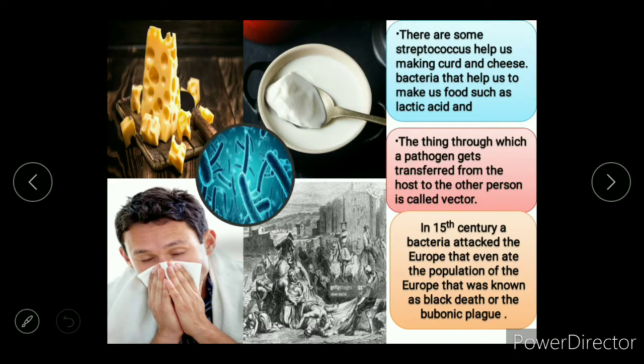Firstly, we will study bacteria in detail. Bacteria are both good and bad.